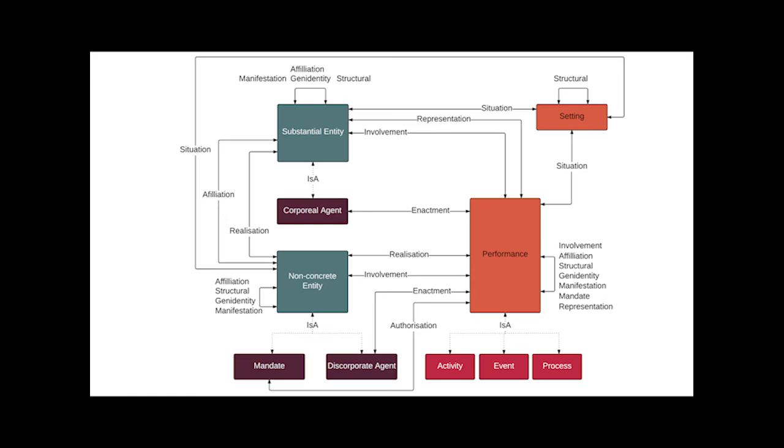For example, if you wanted to say an agency owns a record, you would have to create an agency entity over here, a record entity over here, an owning performance over there, and then an enactment relationship here and an involvement relationship there.